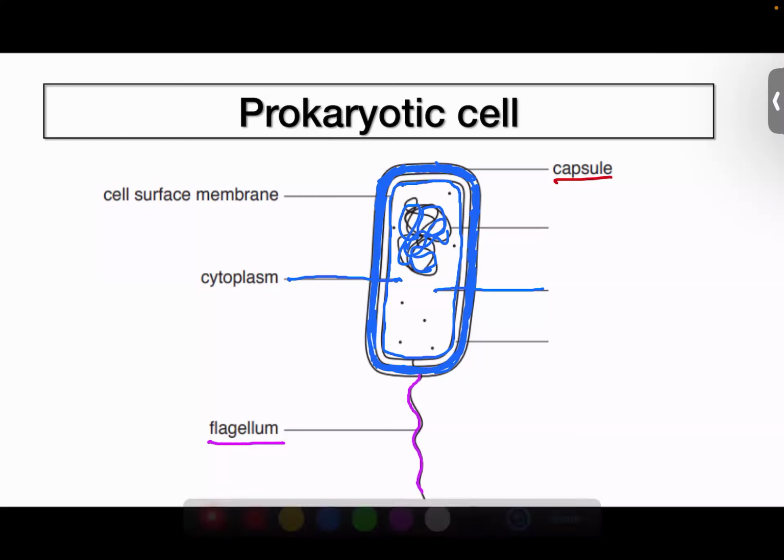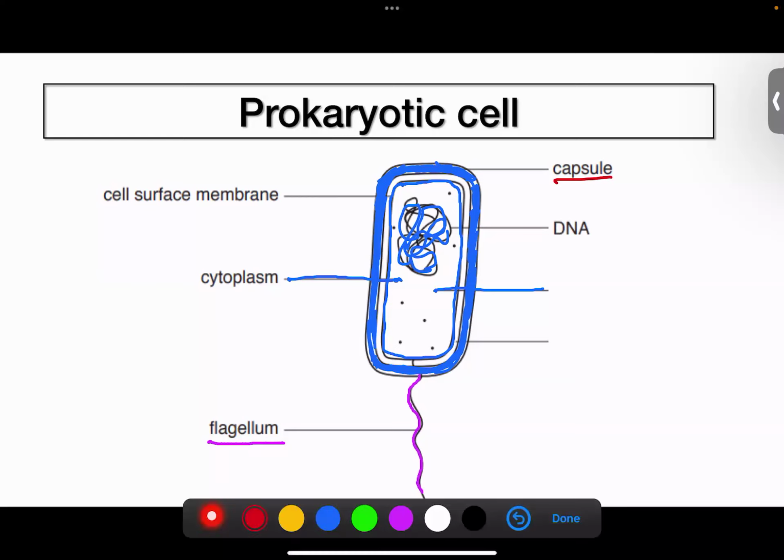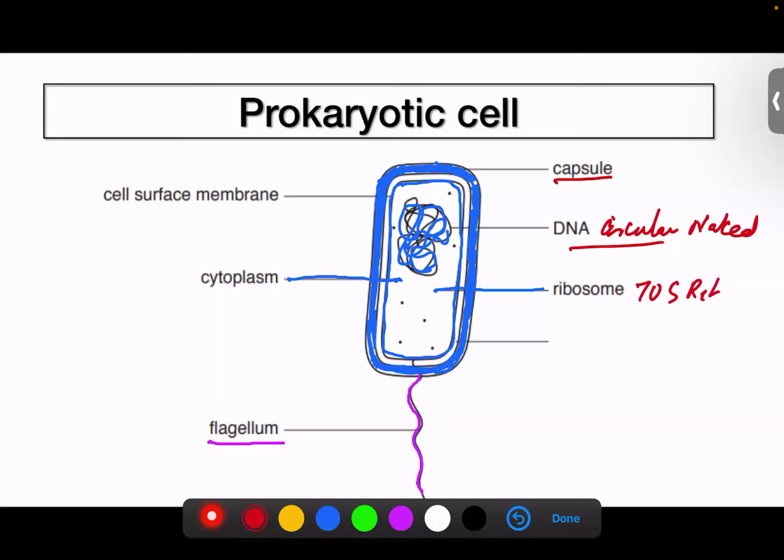And then we have DNA. It is circular DNA, and it is naked DNA, which is a characteristic feature of prokaryotic cells or bacteria. And then we have ribosomes. These are 70S ribosomes. We will discuss what does 70S ribosomes mean.